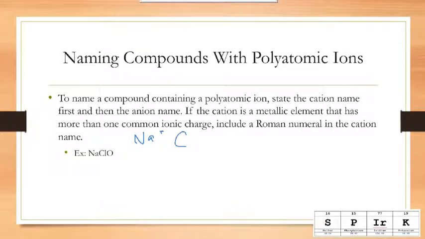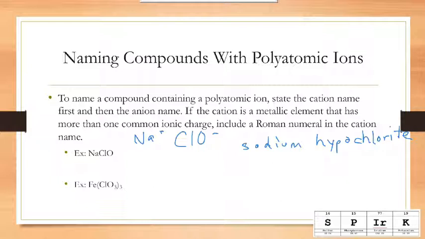Hopefully you know by now that ClO- is hypochlorite. So when we write the name of this, we say sodium hypochlorite. And we don't need a Roman numeral here because sodium is not a transition metal and it only exists as Na+.